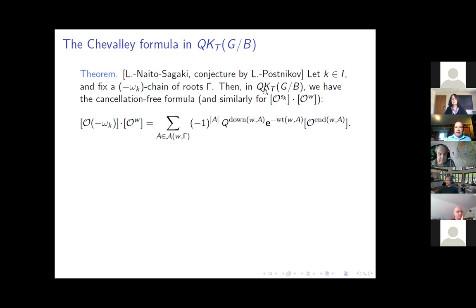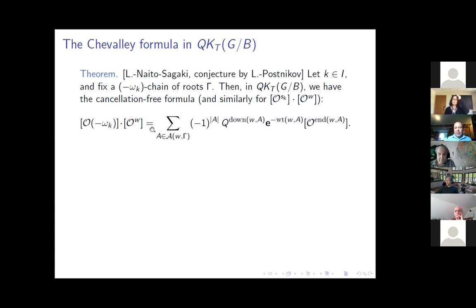Then in T-equivariant quantum K-theory, we have a formula which is cancellation free for an arbitrary Schubert class multiplied by the class of the line bundle for negative omega K. Or equivalently, I can state it as the product with the Schubert class indexed by a simple reflection Sk, because these are closely related. The class of the line bundle with this divisor class indexed by Sk.